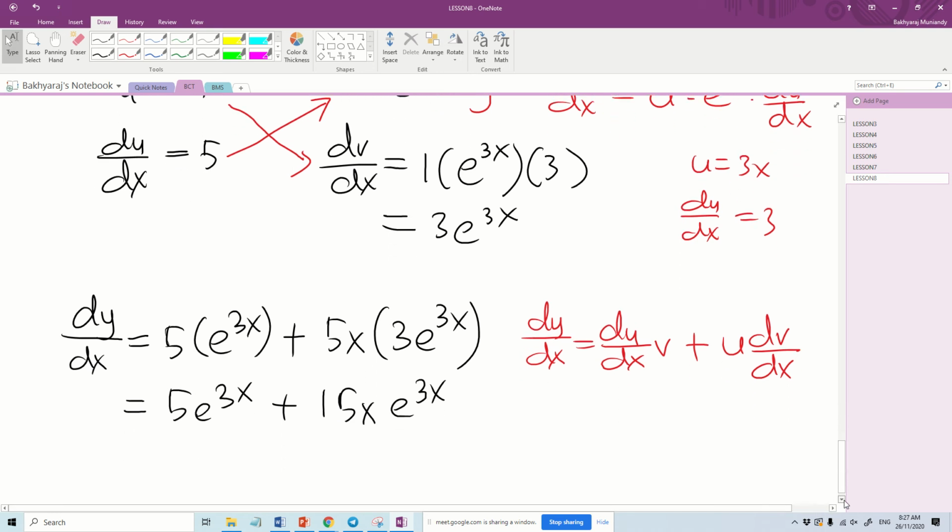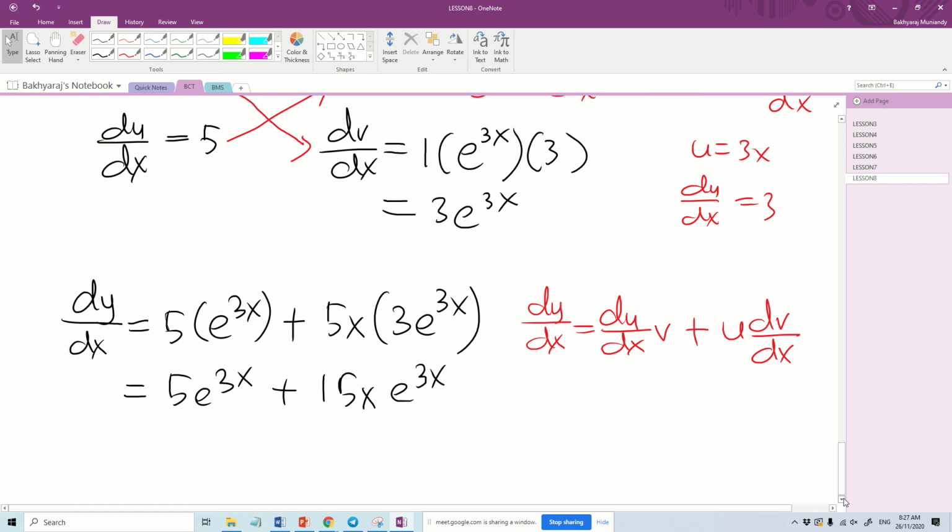What I can factor is, definitely I can take 5, because this one is 5 and this one is 15, so 5 is a common factor. And of course I can take exponent 3x out. So this will be 1 plus 3x. If you do the factorization, it is a very good answer.